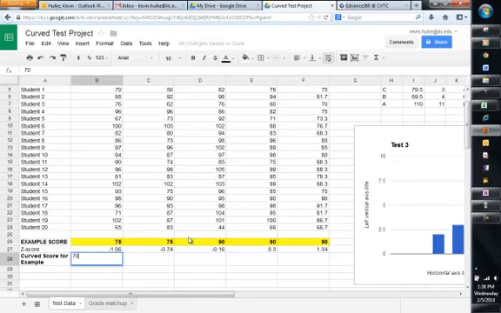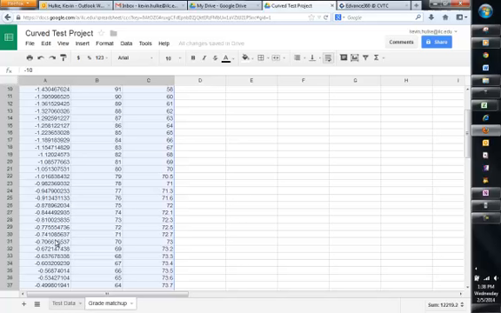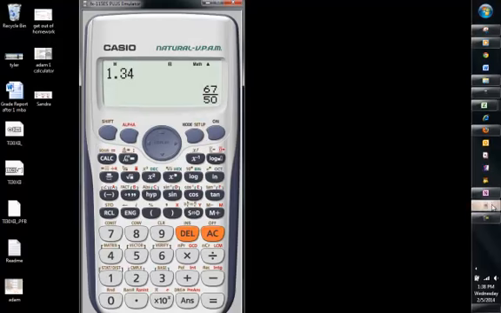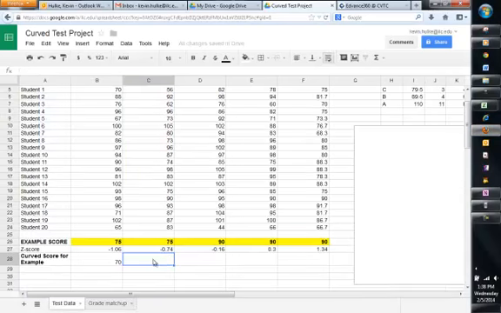I'll always give myself the benefit of the doubt. Next one, negative 0.74 is a matchup score of 72.7.